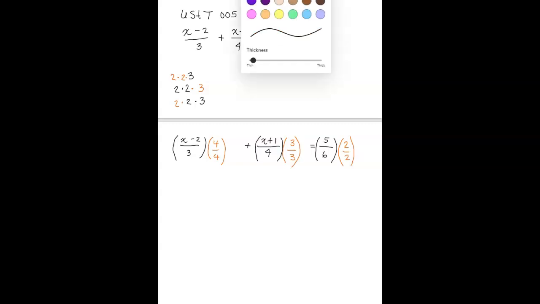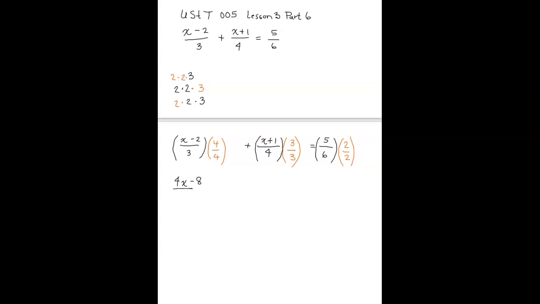And remember, when I'm distributing, I have to distribute to everything inside the parentheses. I don't get to just do the first one and then drop everything else. All right, so we're going to go ahead and do that now. So we've got our 4x. 4 times negative 2 is going to give me a negative 8. And then that's going to be over 12.